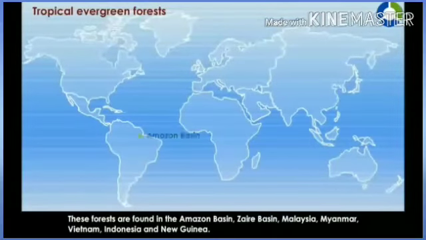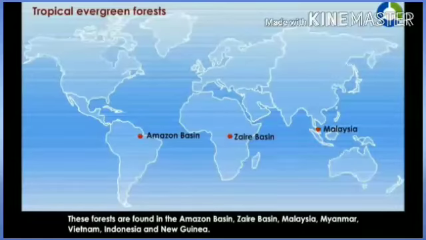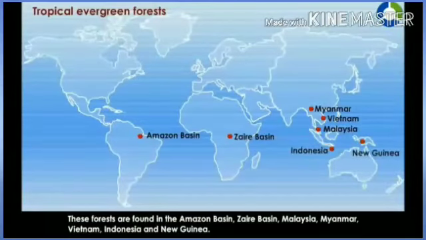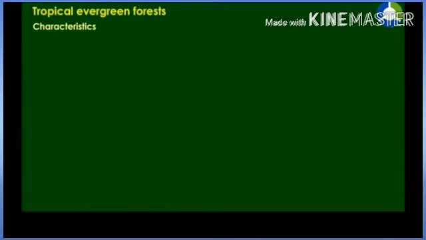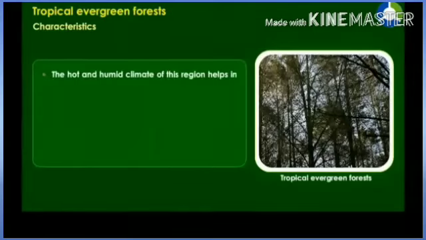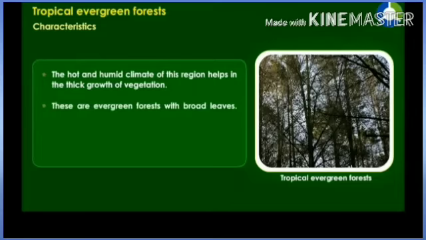These forests are found in the Amazon basin, Zaire basin, Malaysia, Myanmar, Vietnam, Indonesia, and New Guinea. The hot and humid climate of this region helps in the thick growth of vegetation.